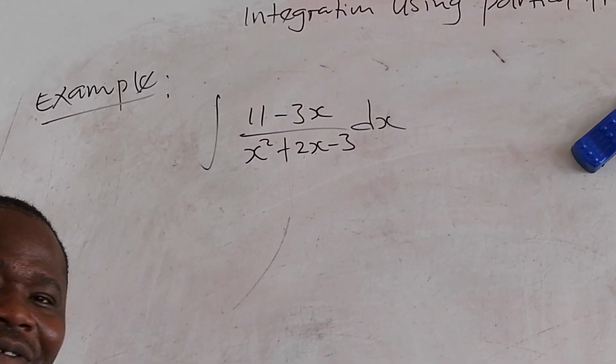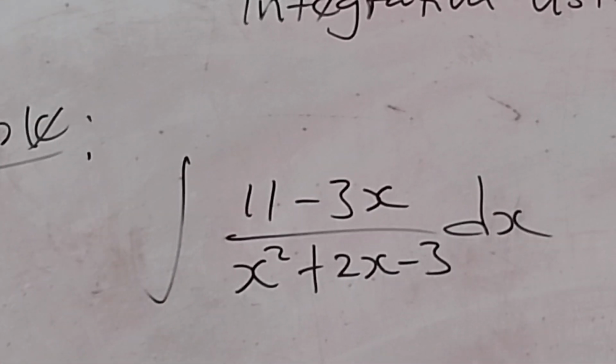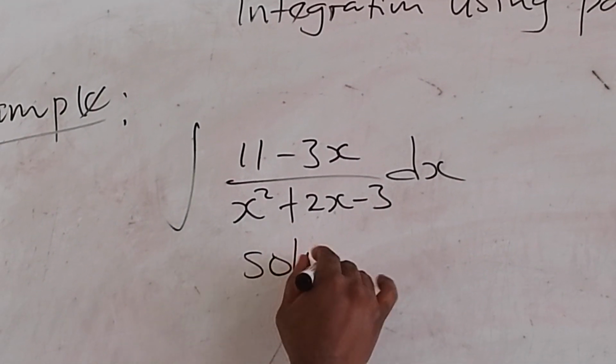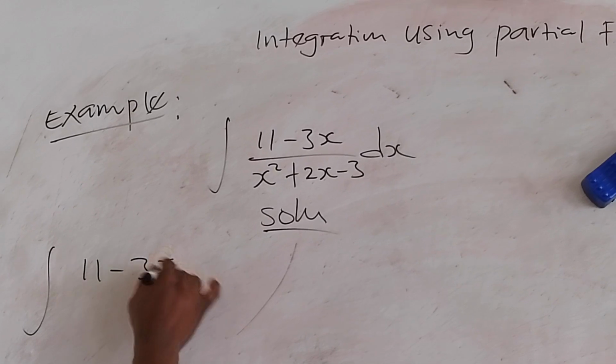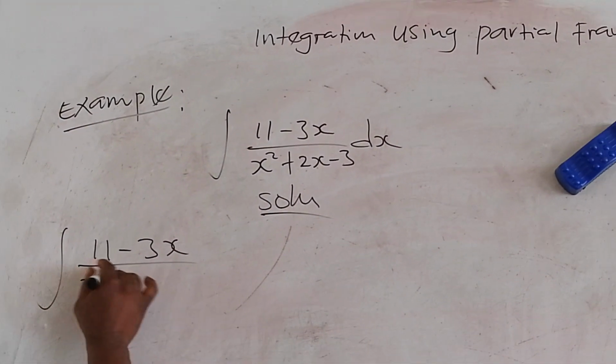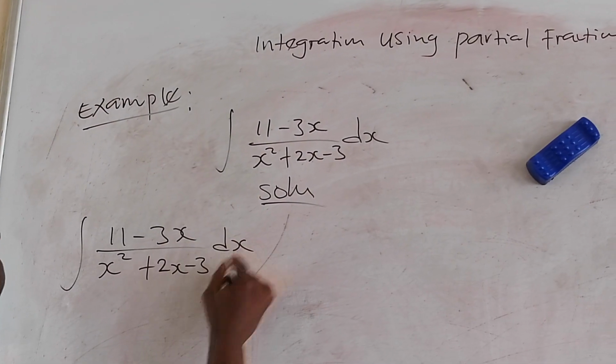How are we going to resolve this function into partial fraction? Okay, let's try the solution. Integral of 11 minus 3x all over x squared plus 2x minus 3 dx.